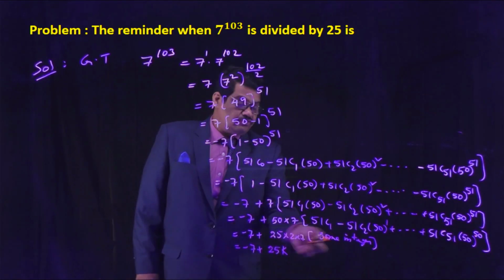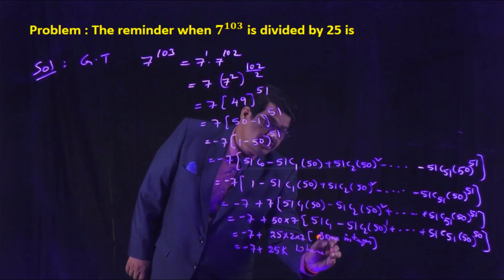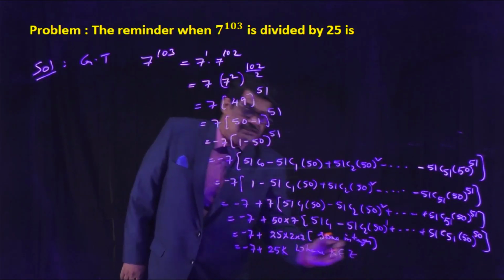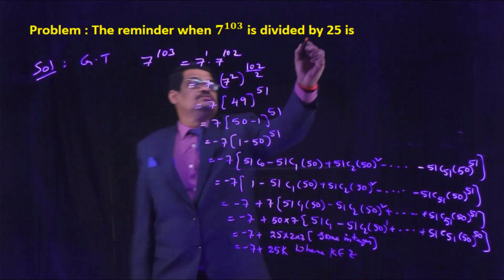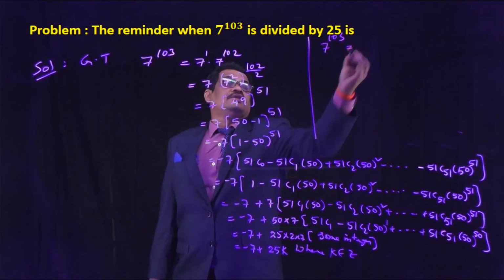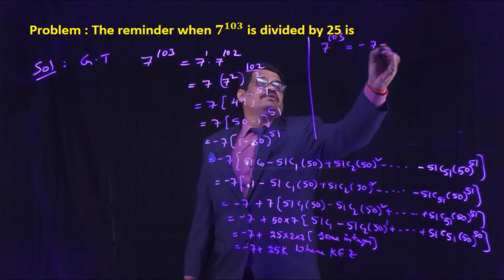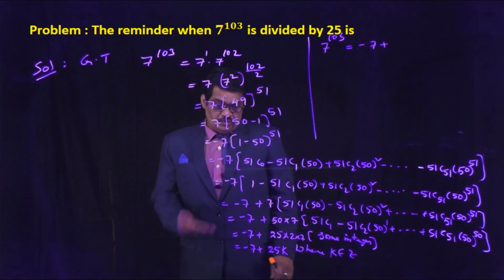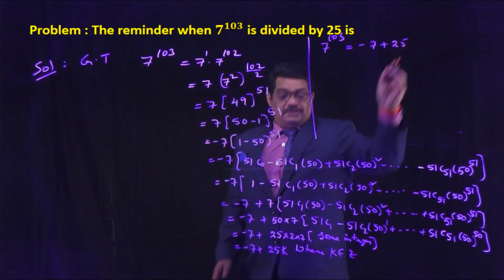2 into 7, 4, 4 into some integer, then we are getting an integer, where k is some integer. Now this can be written as 7 to the power of 103 is equal to minus 7 plus 25 into some integer.